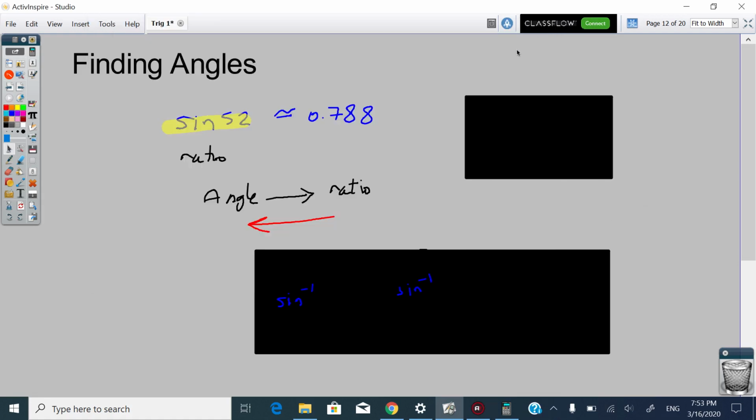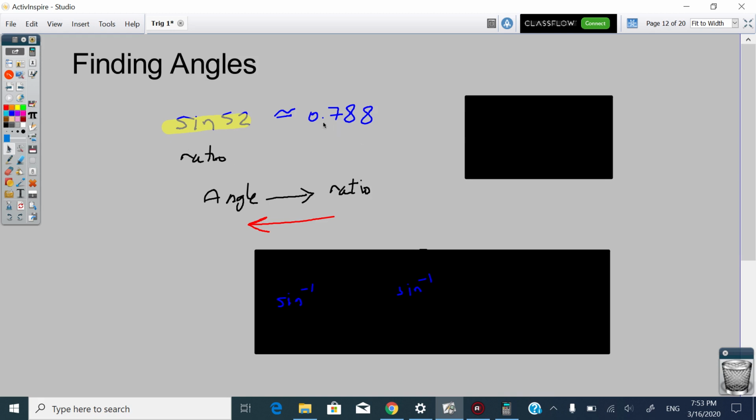So far, we have used the trigonometric ratios to calculate sines. For that purpose, we used something like sine 52, and if we push the buttons on the calculator, we will discover that it's equal to 0.788. We need to remember that sine 52 represents a ratio between the opposite and the hypotenuse.